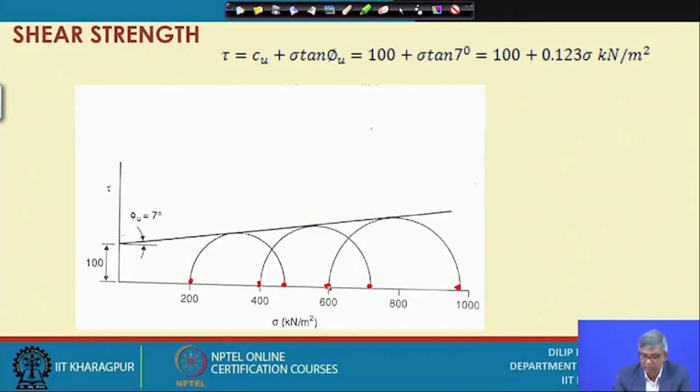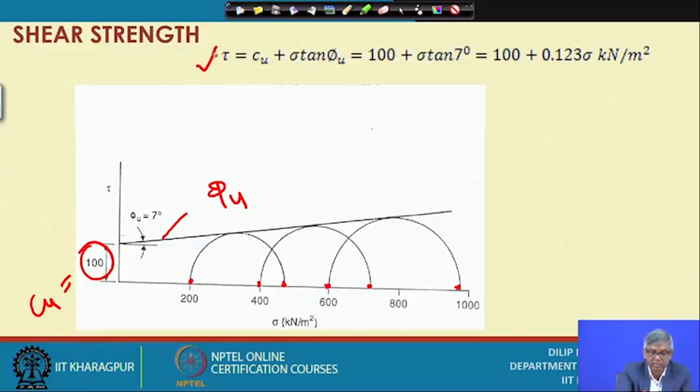So, sigma 1 sigma 3 one set, second set, third set, and if you draw a tangent to these, you get an intercept, that is nothing but C u, and you get this angle, phi u. Since it is an undrained test, we are getting C u.